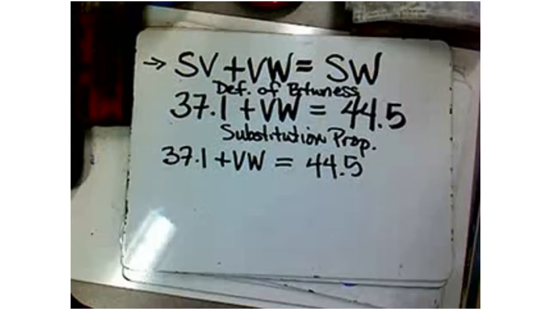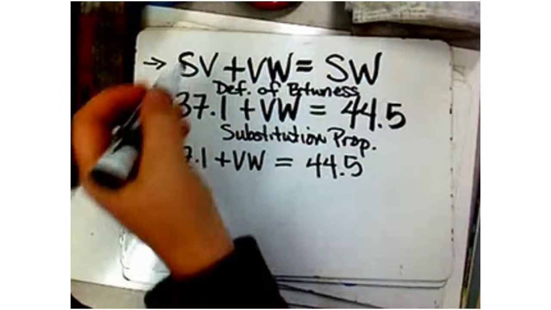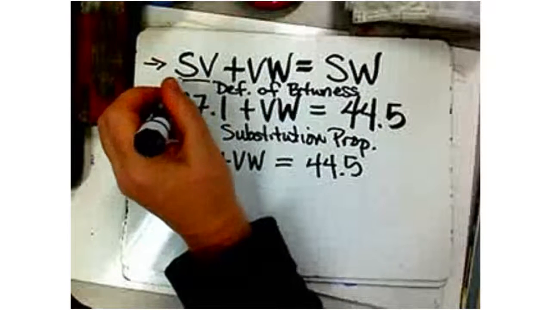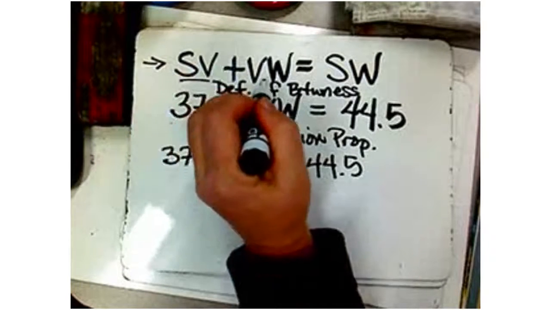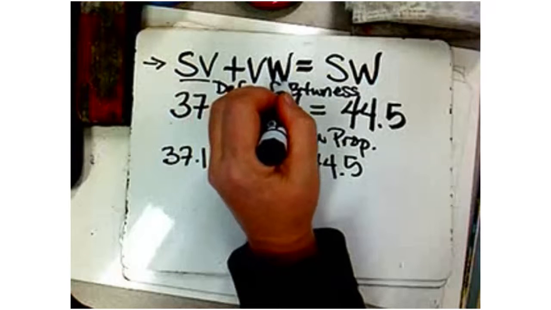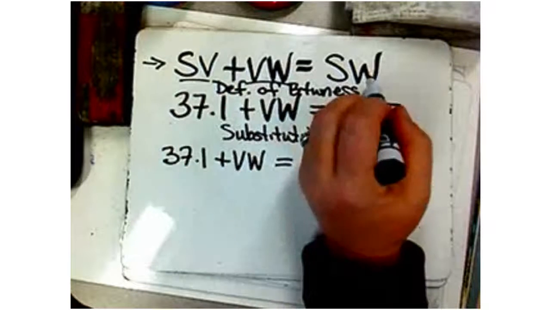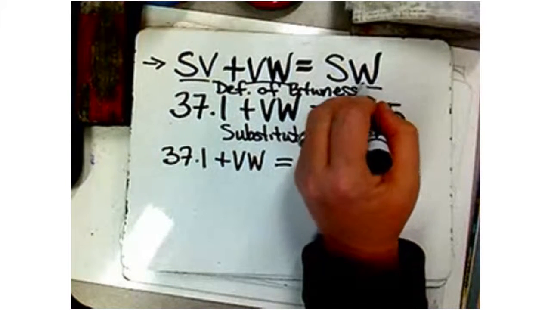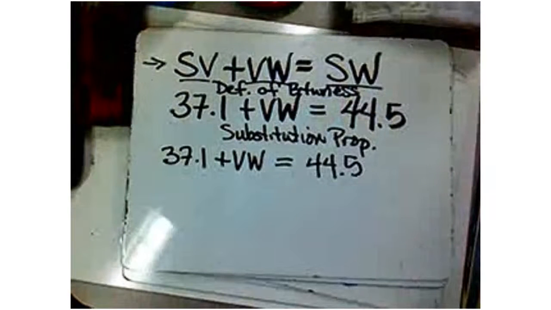So we have to say from S to V plus from V to W is going to equal SW. You have to state that first. That's the bread. SV plus VW equals SW.